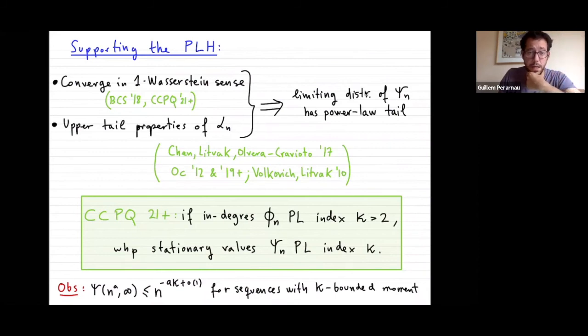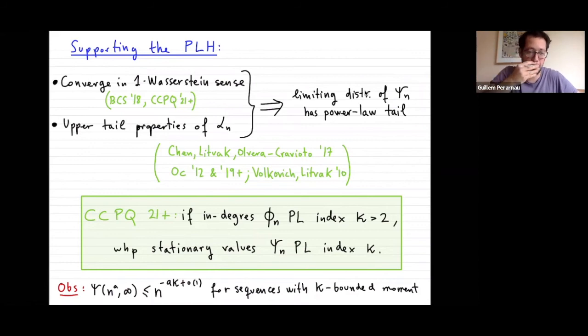Let me say that in particular, we can also prove that the upper bound for behaving like a power law is something that also holds for any sequence that has a kappa bounded moment. So in some sense, our result is proving that among all the sequences that have kappa bounded moment, the one that maximizes the upper tail is the power law distribution.